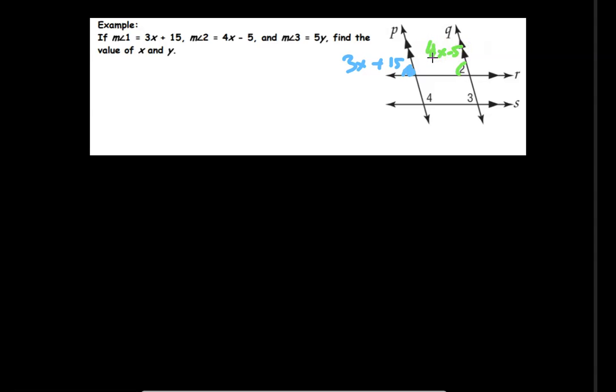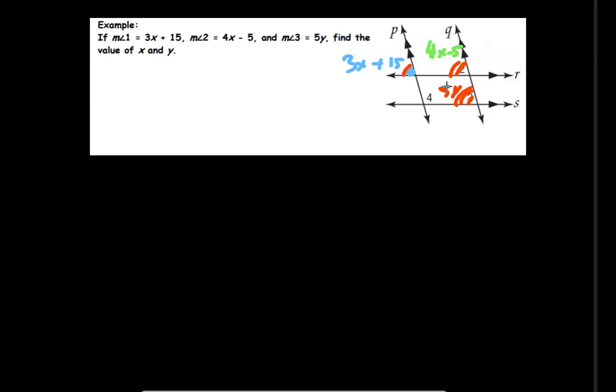And it said the measure of angle 3 is 5y. We'll give this one 2 curves, and this one 1 curve, so I know what's congruent to what. This has 2, this has 3, this is 5y. And it says find x and y.